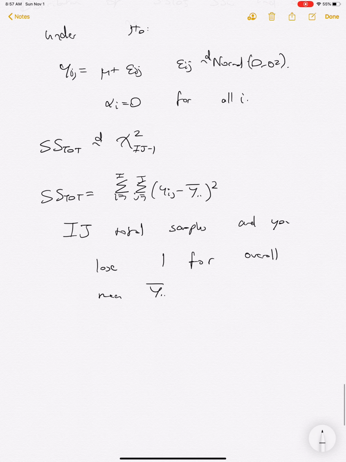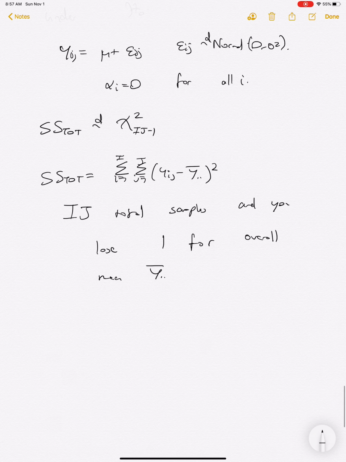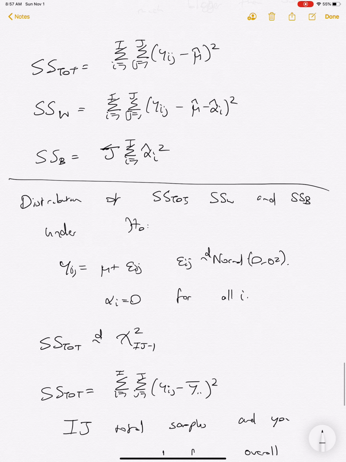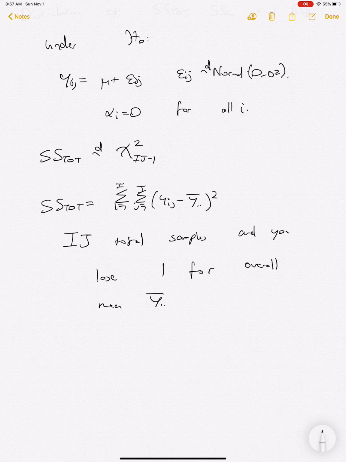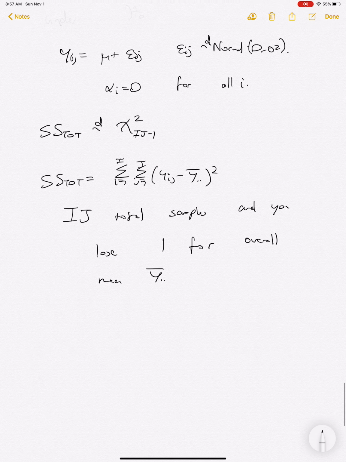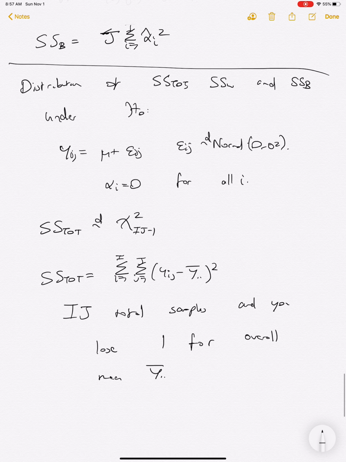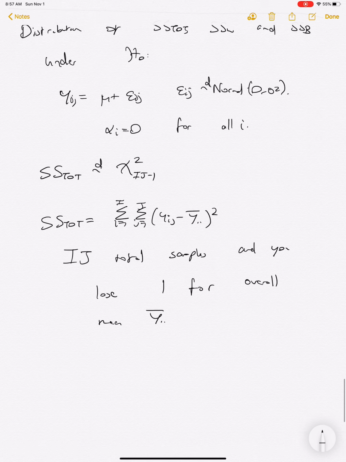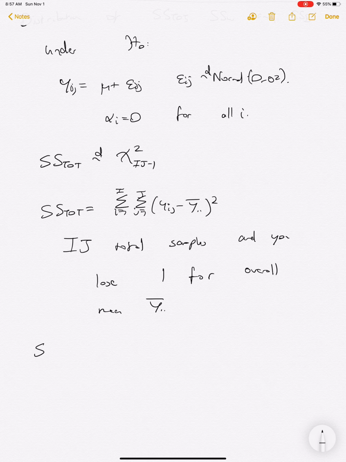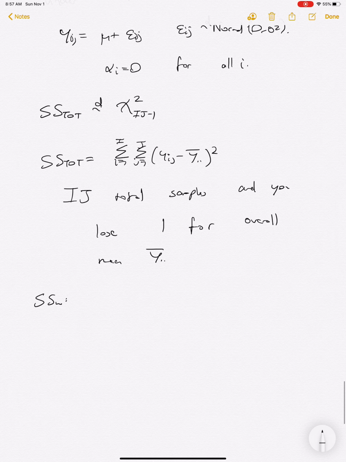Okay, so then the next thing to note is that if we look now at the sum of squares within, we have that Yij is distributed normal with mean mu and variance sigma squared.